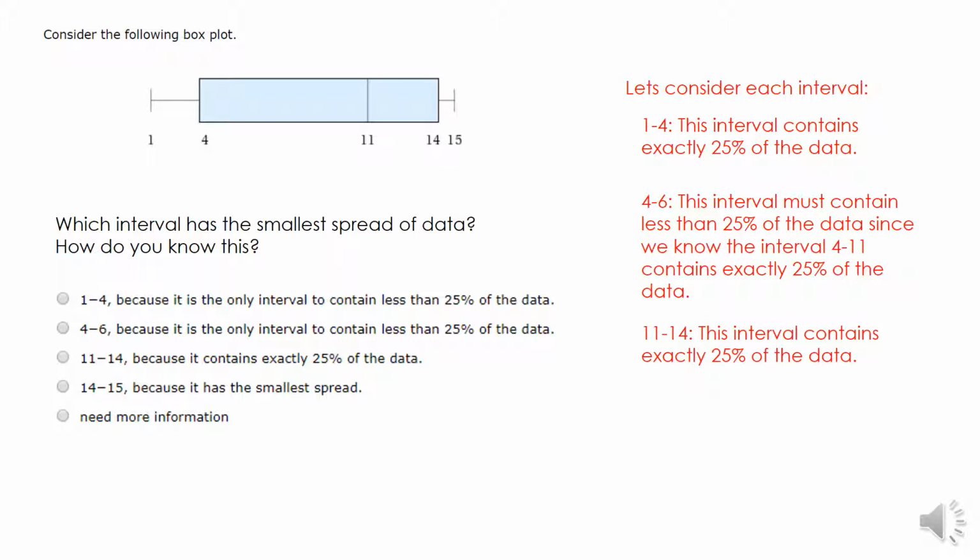Next, the interval 11 to 14 contains exactly 25% of the data because 11 is the median and 14 is the third quartile. And our last interval, 14 to 15, contains exactly 25% of the data because 14 is the third quartile and 15 is the maximum. So each interval contains exactly 25% of the data except for the interval 4 to 6. So that must be the interval that has the smallest spread.